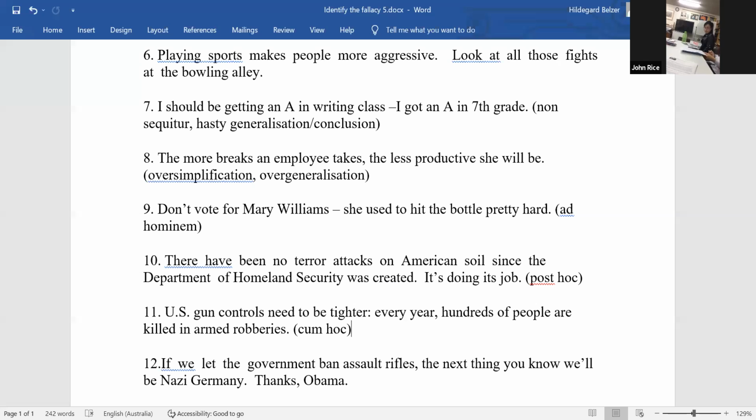We'd have to have a dark room, then turn the lights on and see if flies came in fairly quickly again. And if they do, it's more probable that they are linked. But to just conclude, just because they're together and with no more evidence than that, that one is causing the other, that's cum hoc.